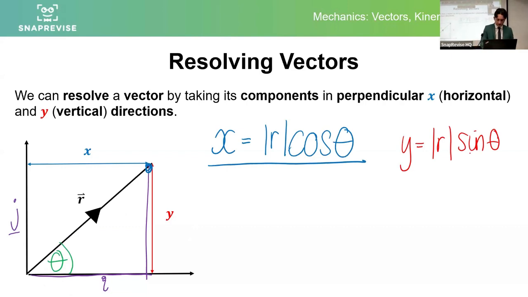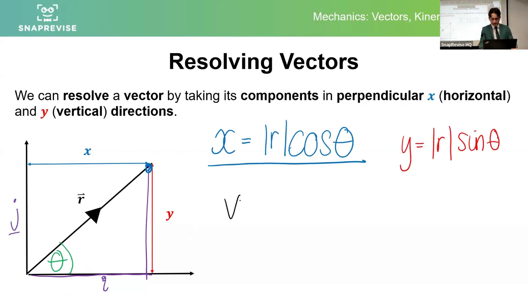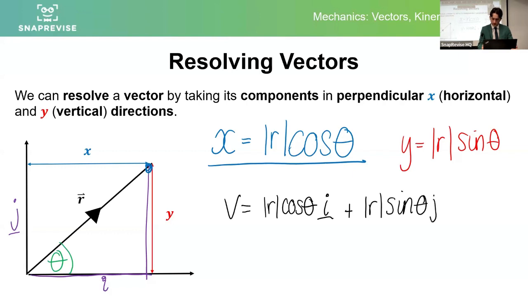So what we can do is if we then wanted to write the vector in the IJ form, we could say that V is equal to R cos theta I plus R sine theta J. Okay. Right, excellent.